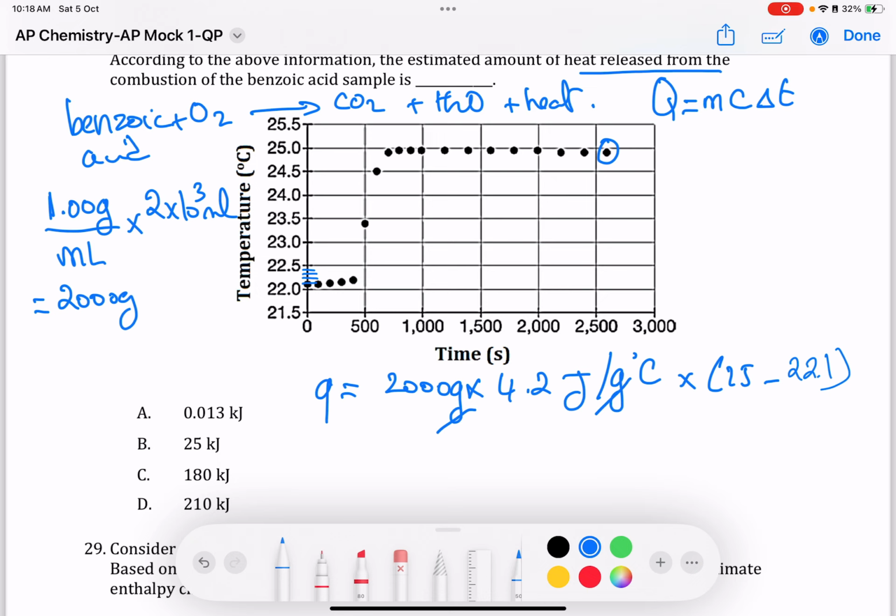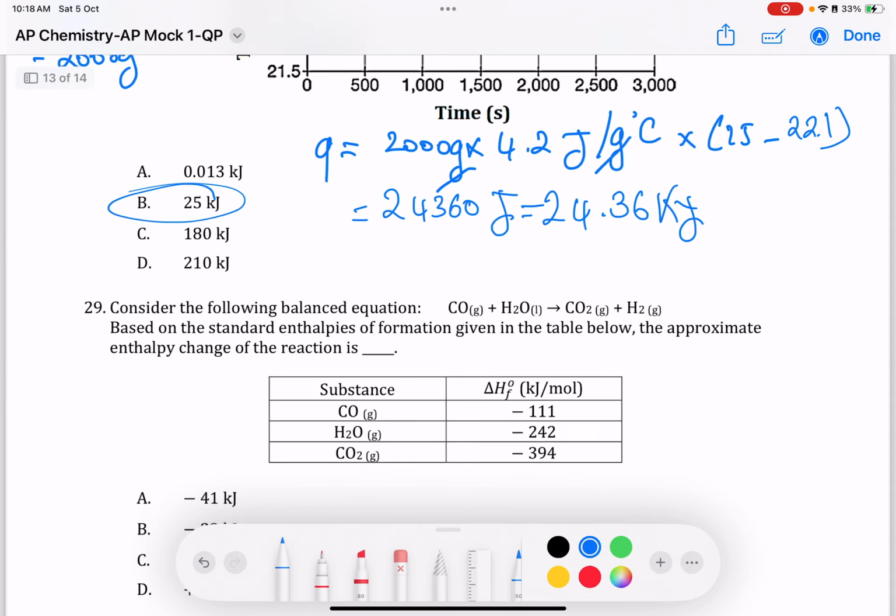Okay, doing our calculation, times 4.2 times 2000, it's going to be equal to 24,360 joules, which is equal to 24.36 kilojoules. And that's the correct answer.